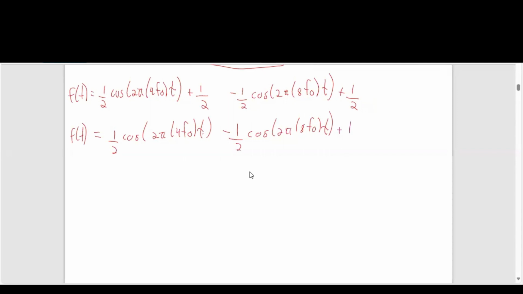So we need to know what minus cos is. So we know cos minus theta is equal to cos theta. Why? Because cos is an even function. So we need to know what minus cos theta is. Right?